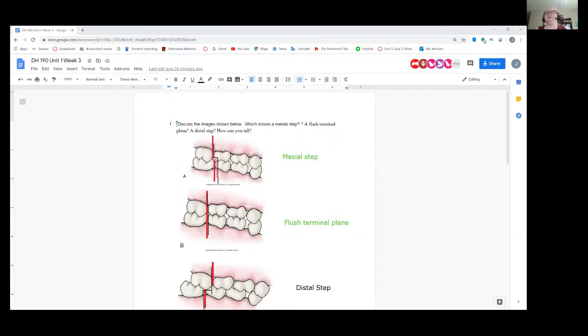Okay, so go ahead and tell me, if this was permanent teeth, how would we describe it? Group 4, how would you describe what a mesial step would look like? Wait, who's group 4?